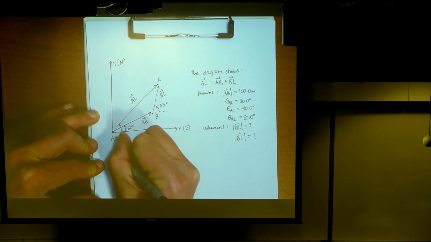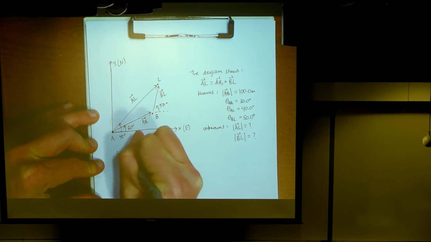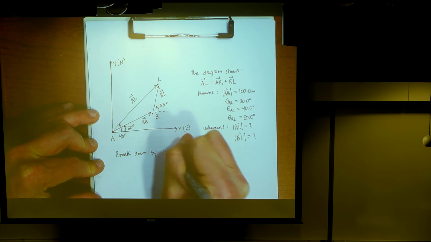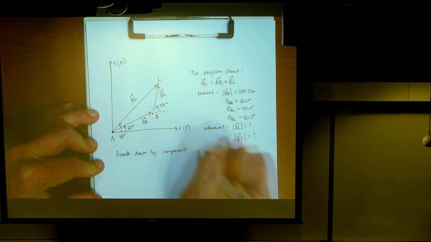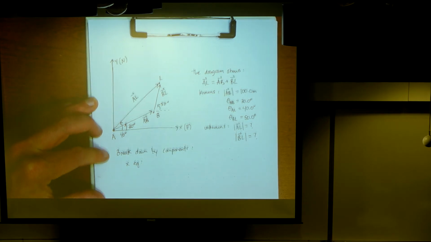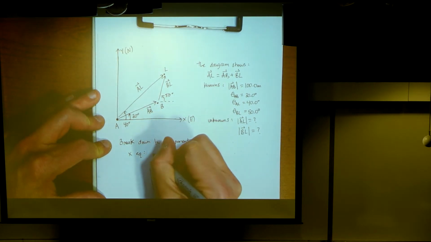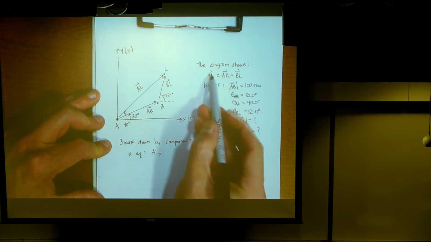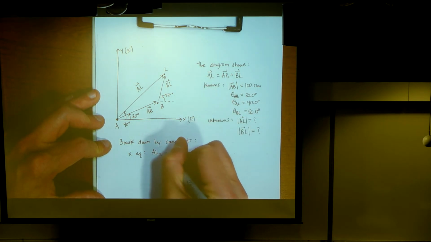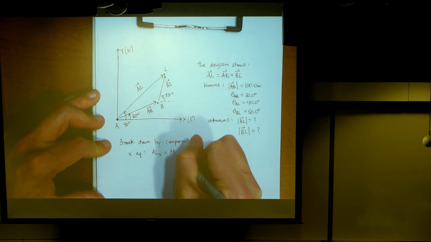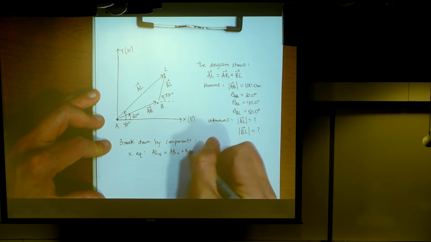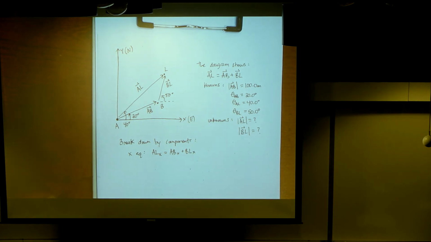Let's break this down by component. Which gives me an x equation, which I'll write this way. Okay, AL, if I just pick out its x component, that should equal AB, just picking out its x component, plus BL, just picking out its x component.